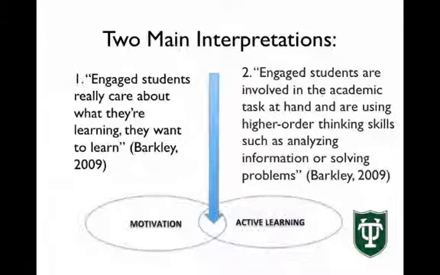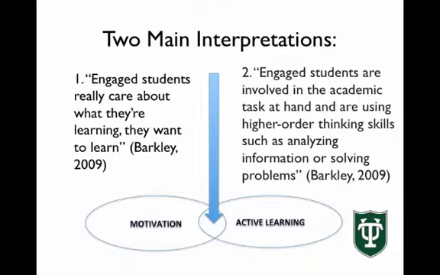There are two main interpretations that are held by faculty members like you. The first interpretation is that engaged students really care about what they are learning and they want to learn. This interpretation has a lot to do with motivation.